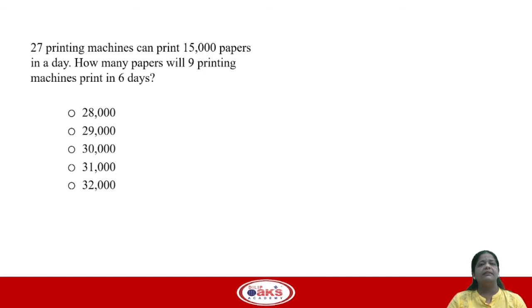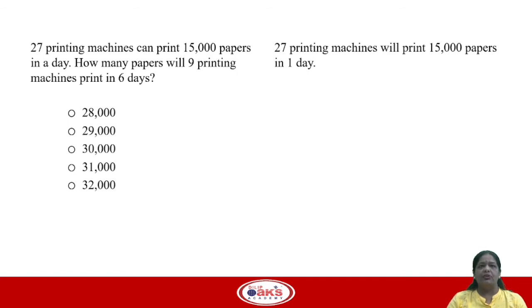27 printing machines can print 15,000 papers in a day. How many papers will 9 printing machines print in 6 days? It's given to us that 27 printing machines are printing 15,000 papers in a single day. Now the question is asking us the printing done by 9 printing machines. So the number of printing machines have been reduced to 1/3.